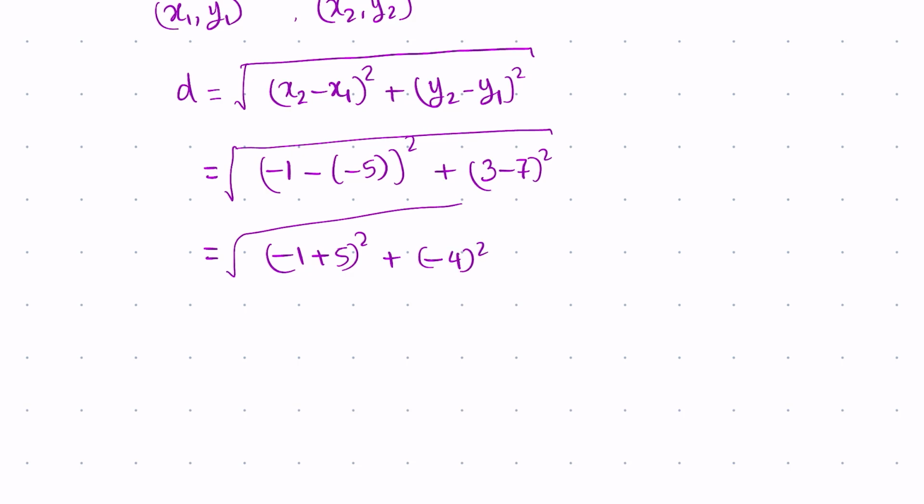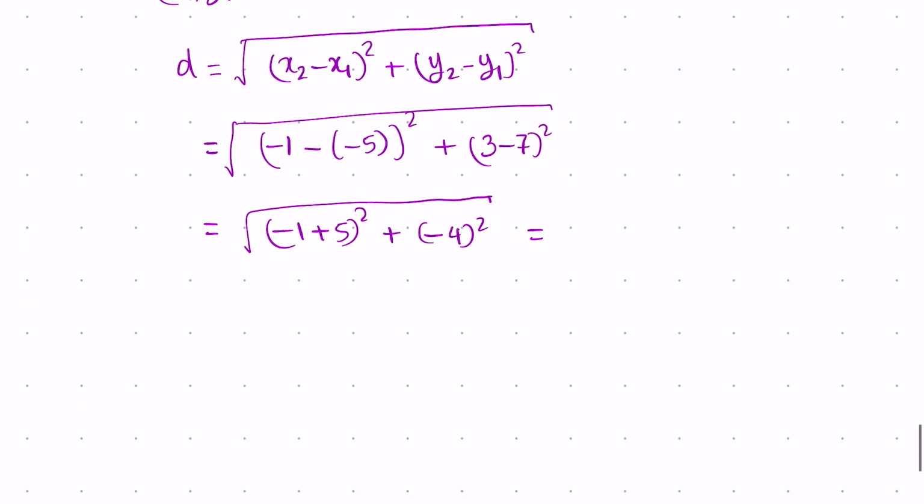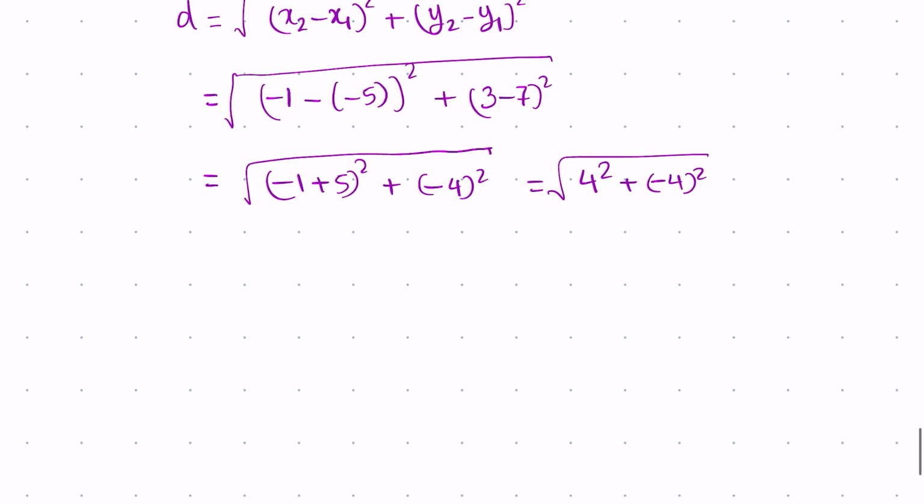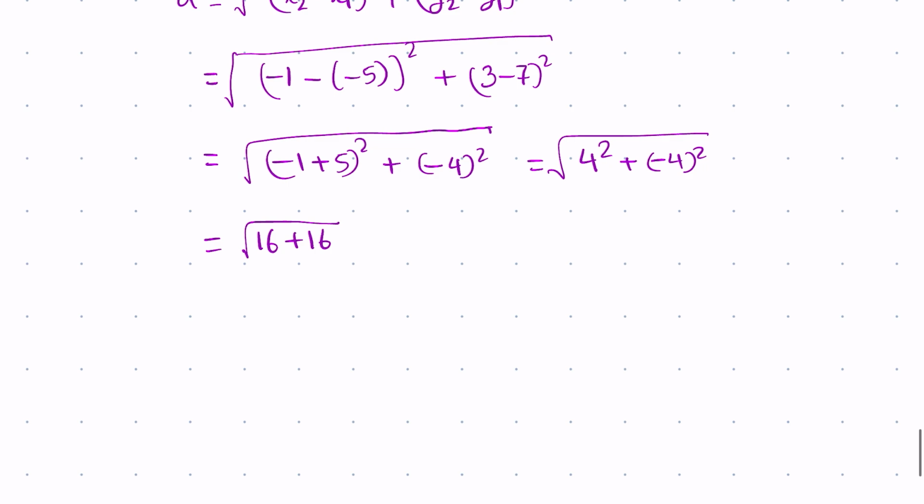Oh, sorry, that was really bad. Yeah, so that's equal to 4 squared plus minus 4 squared and under root, which is equal to 16 plus 16 and square root of that. So square root of 32, which is equal to 4 times root 2.